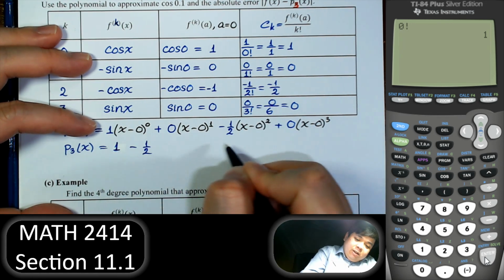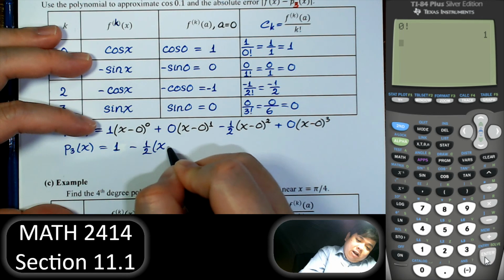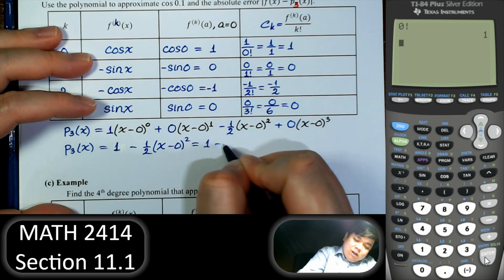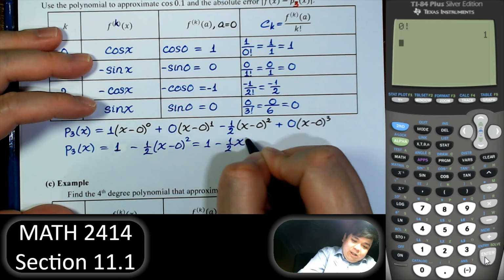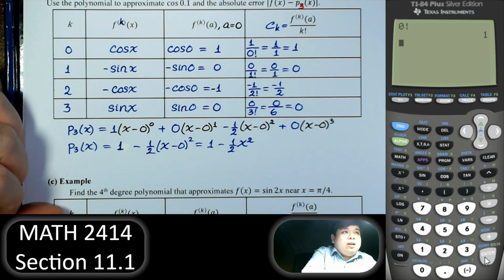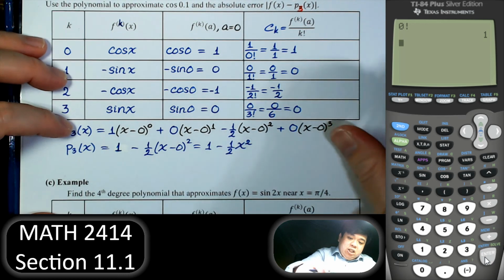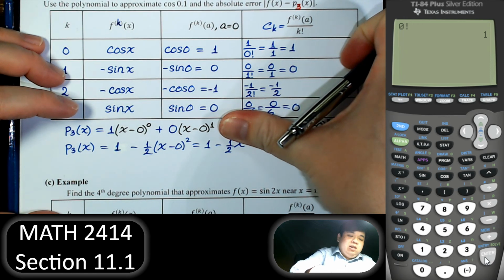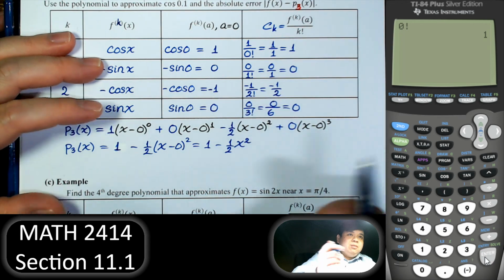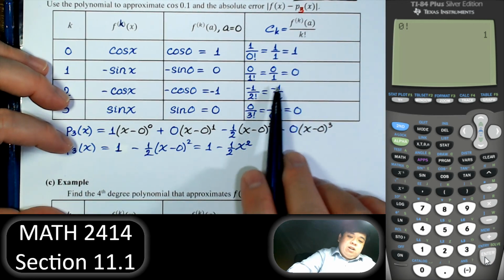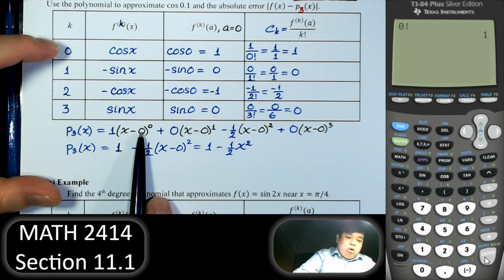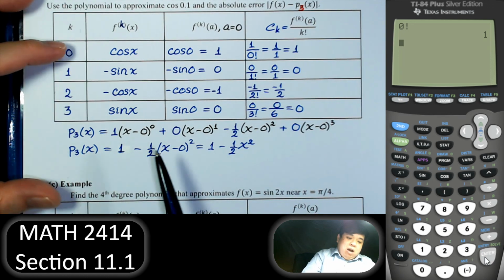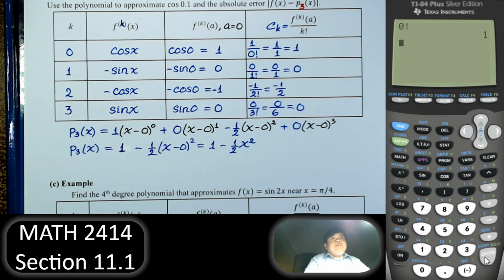Minus 1/2 times x minus 0 squared, so we just have 1 minus 1/2 x squared. By the way, if we want P2, that is P2. If we want P1, that is P1. So those give us the coefficients, and we just have the power corresponding to 0, 1, 2, and 3: x minus the center raised to that power.